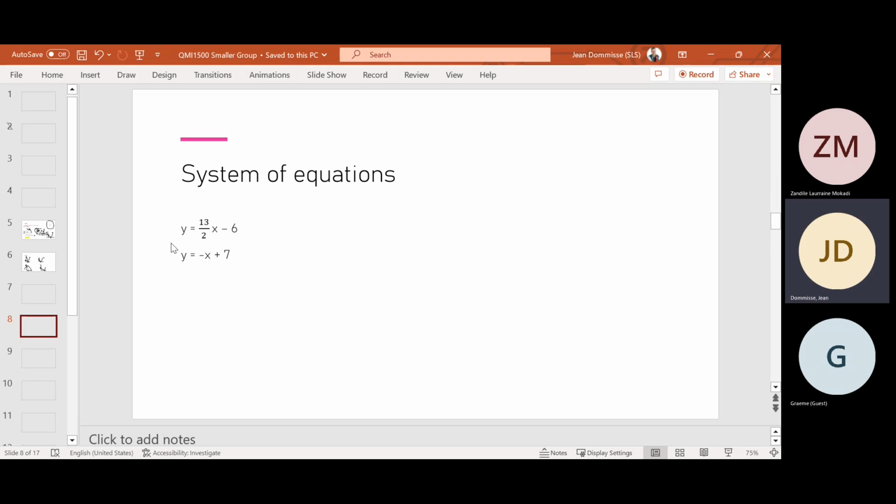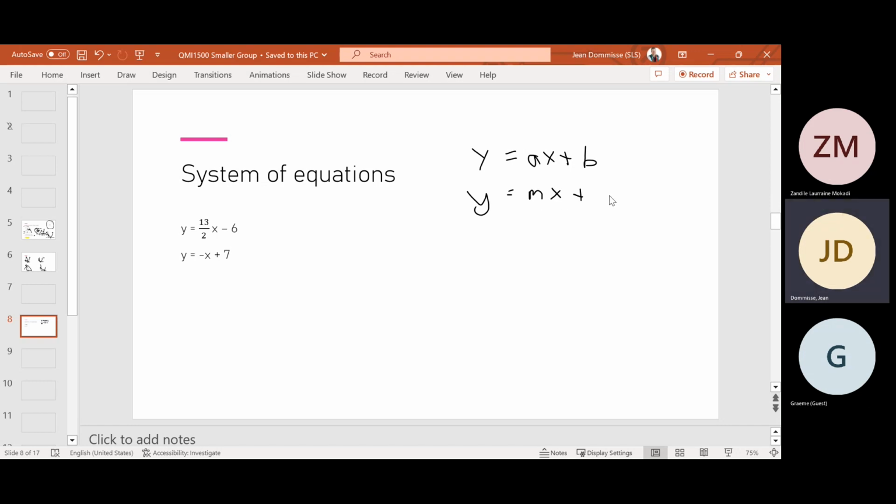Again, like we worked out in the previous one, this is very similar to y equals ax plus b, or if you sit with y is equal to mx plus c.